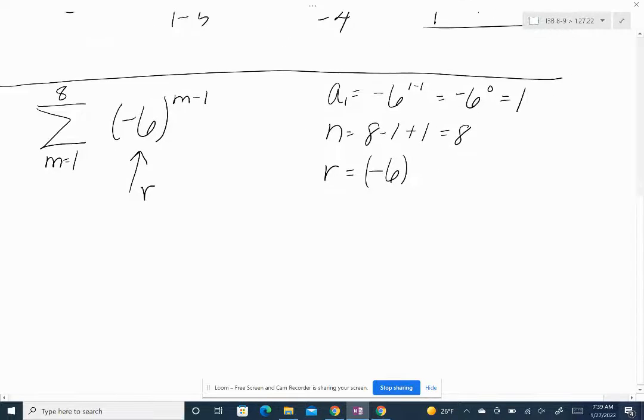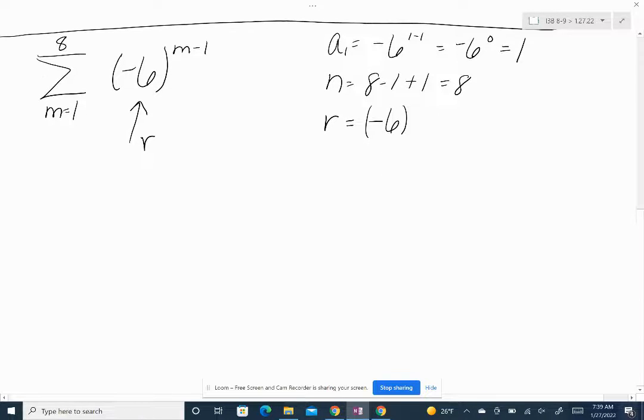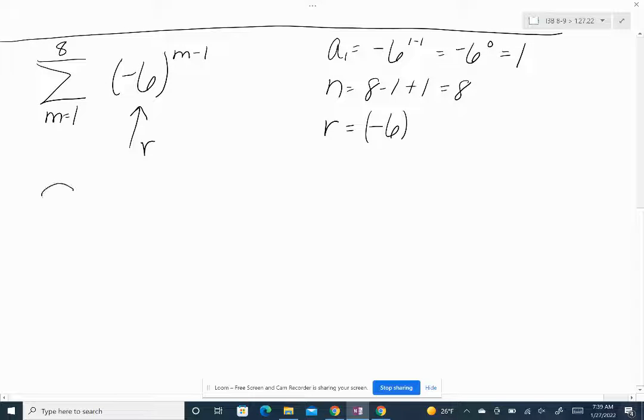Okay. So let's go ahead and put it in our formula. So S of n is equal to a of 1 minus a of 1 times r to the power of n all over 1 minus r.